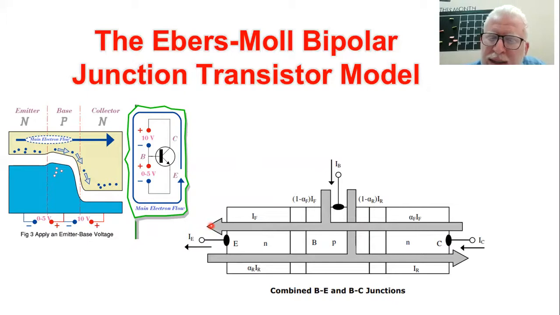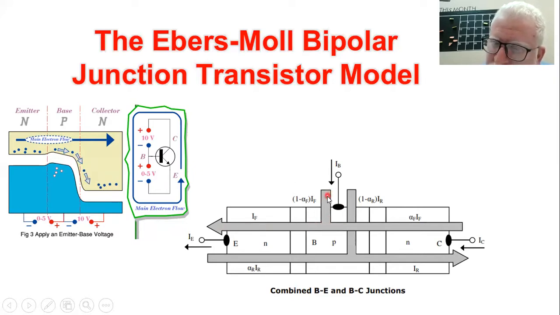The second possibility is that although this is a p-type region, this region still has some minority electrons. These minority electrons are going to drift from the base to the collector, creating a current from the collector to the base, which is this current.